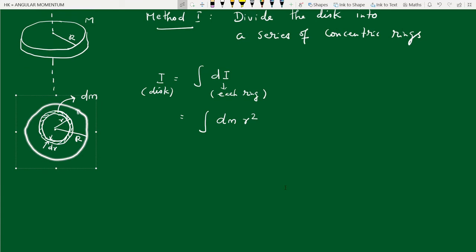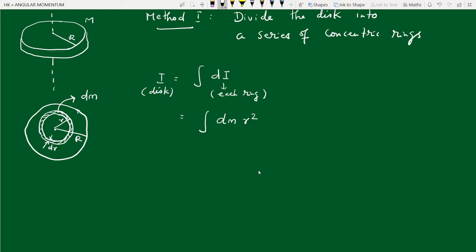Now we want to find out what is this dm. What is the mass of this small ring shaded in that figure? It is given that it's a uniform disk, which means the mass is uniformly distributed throughout the disk.